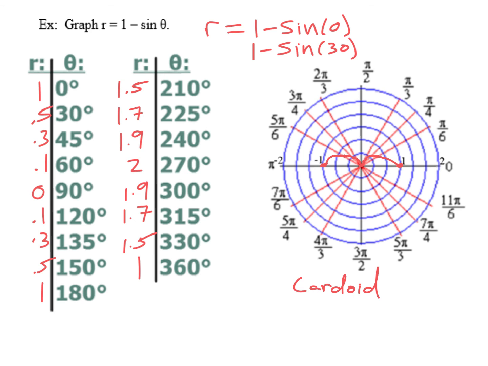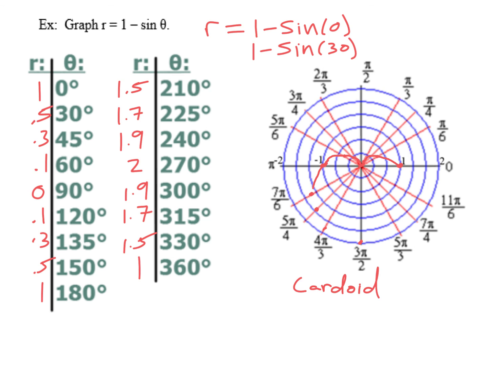210 is right out here at 1.5. 225, 1.7. 240 out at 1.9. 270 is out at 2.